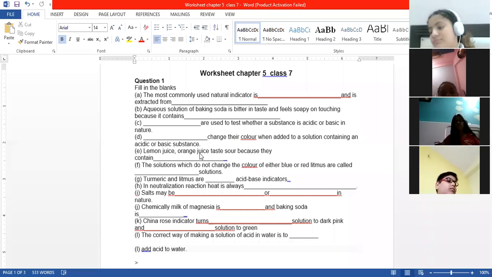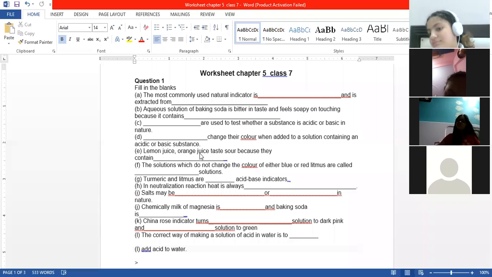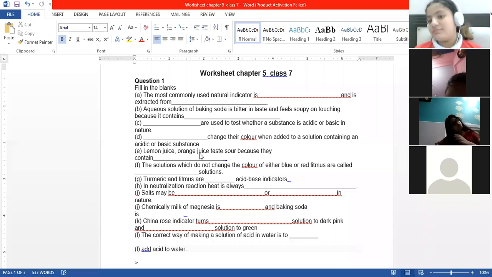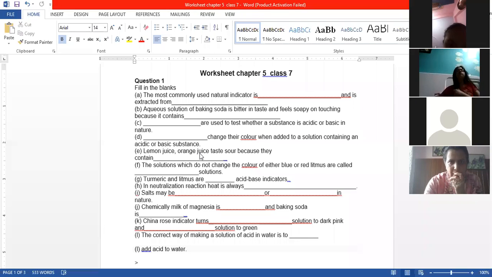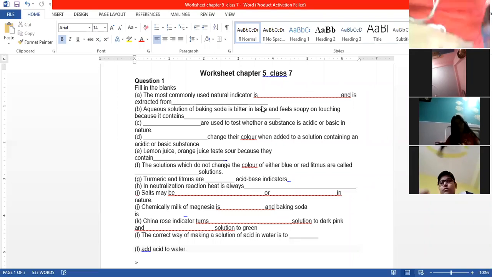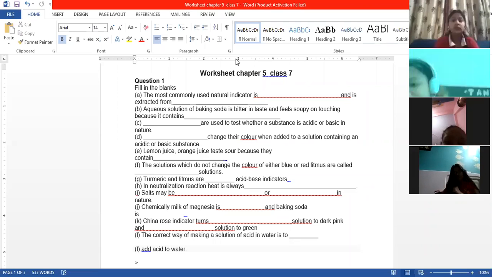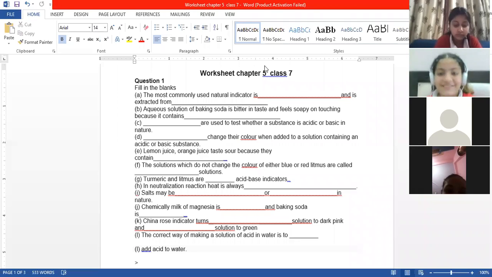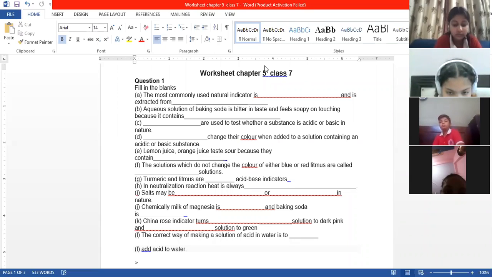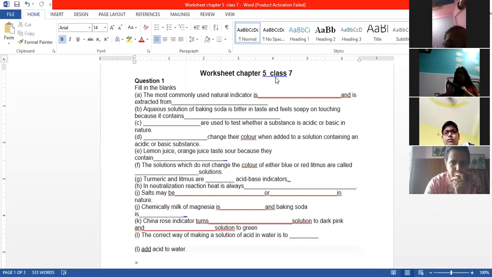Good. F part: the solutions which do not change the color of either blue or red litmus are called dash. Kavya: neutral. Yes, neutral solutions. Good.